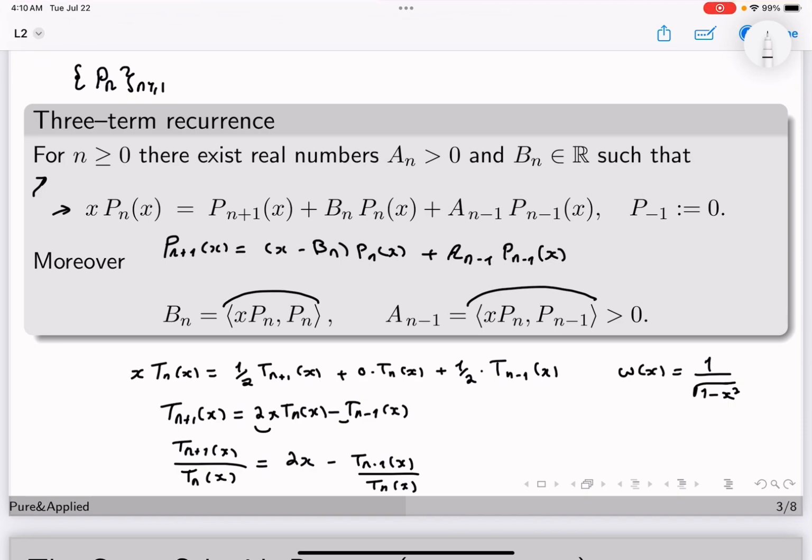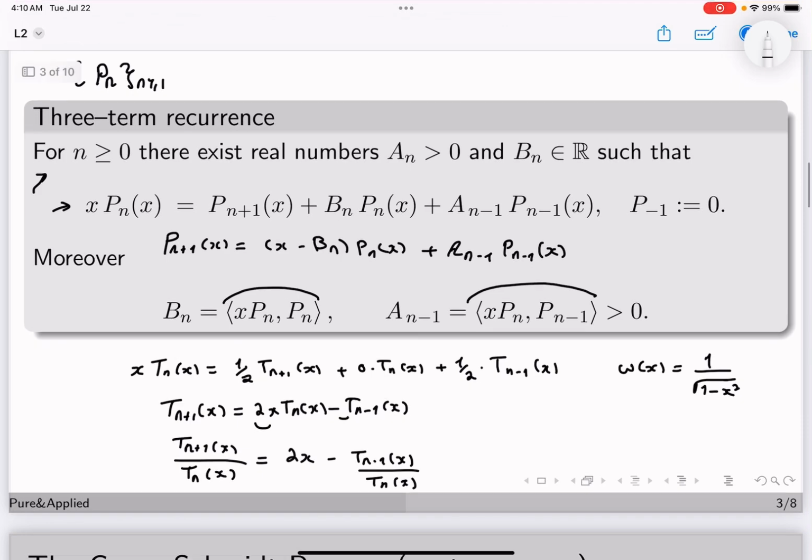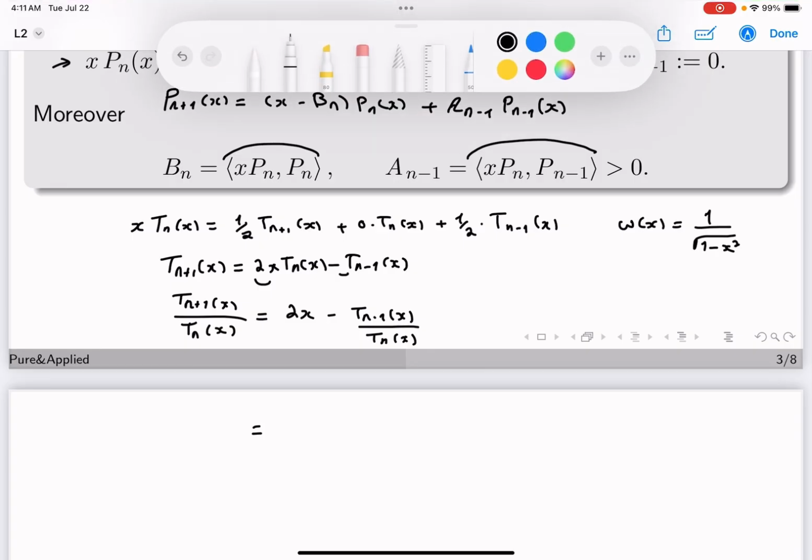And now notice that we can do something here. We can look at the reciprocal of that, and we can write it as such. If we take the reciprocal, that's going to be 1 over 2x minus T_{n-1}(x) over T_n(x).